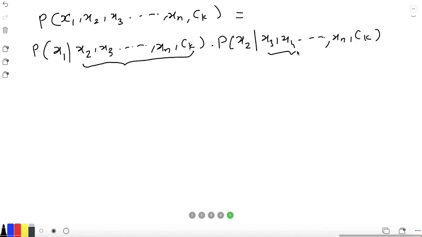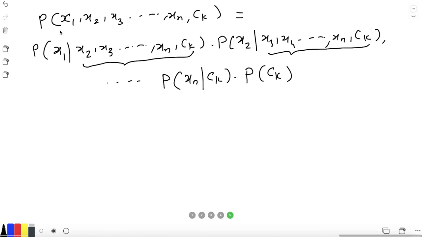Applying the conditional probability definition on this, it will be probability of X3 given X4, and so on and so forth. So ultimately this will be probability of Xn given CK into probability of CK. So that's what we got by simply applying the definition of conditional probability.